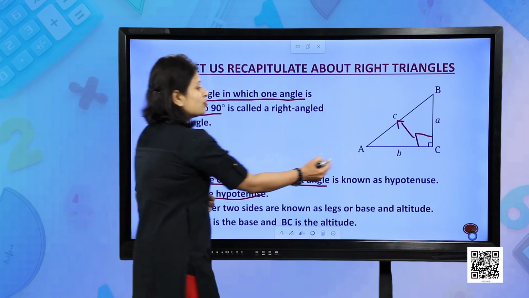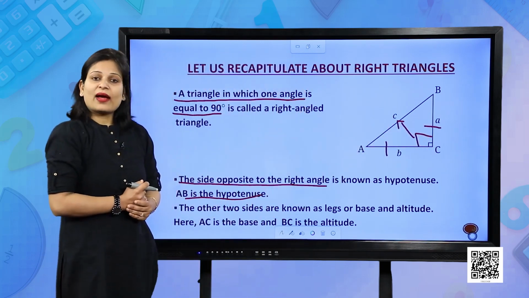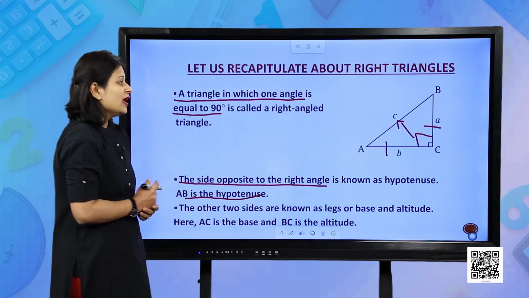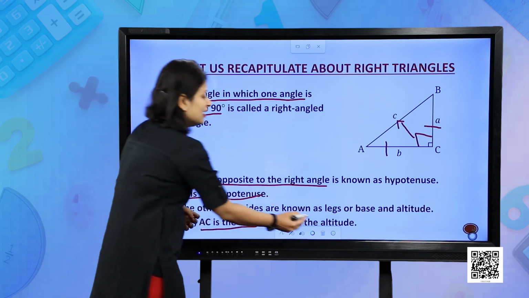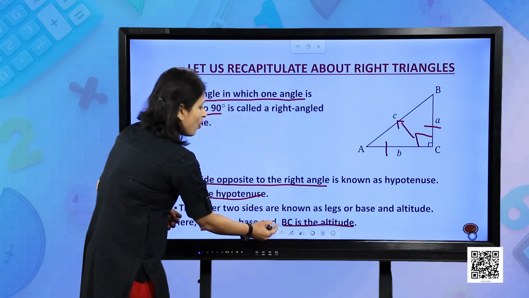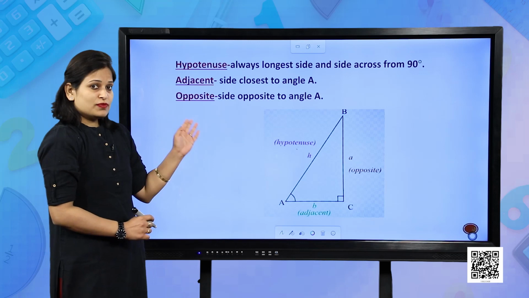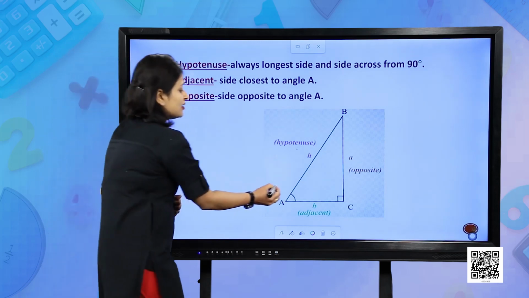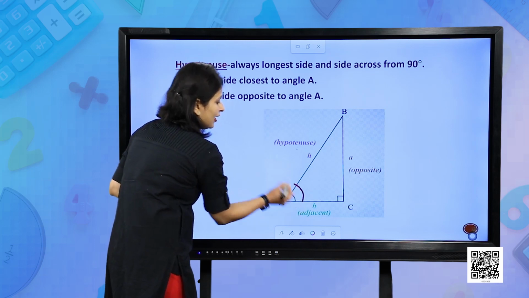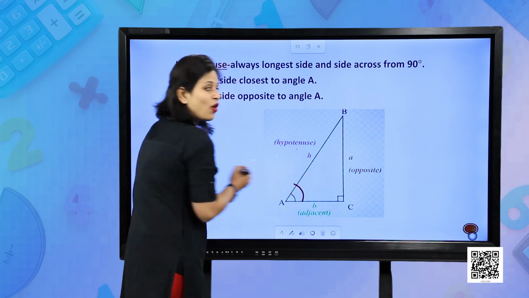Here, these two sides are called legs of a triangle, or you can say AC is the base and BC is the altitude. So, now this was with respect to angle C. Here, if I consider angle A, what is side BC called?